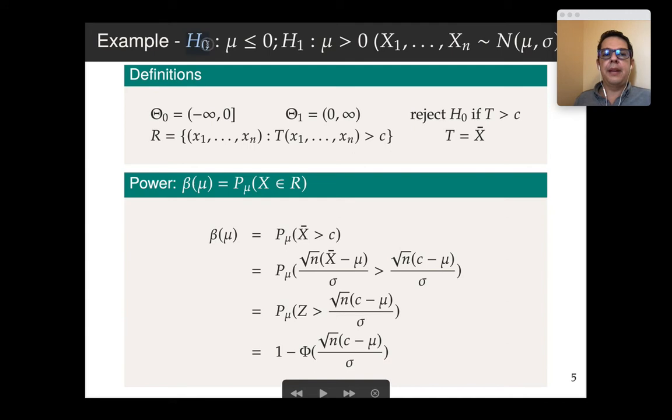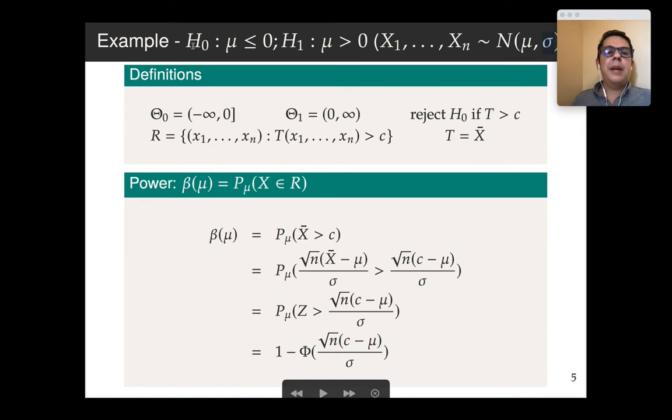Imagine the null hypothesis is that the parameter mu is less than or equal to 0, and the alternative hypothesis is the complementary, which is mu is greater than 0. We have n stochastic random variables X, all of them drawn from a normal distribution with parameters mu and sigma, and we know the parameter sigma.